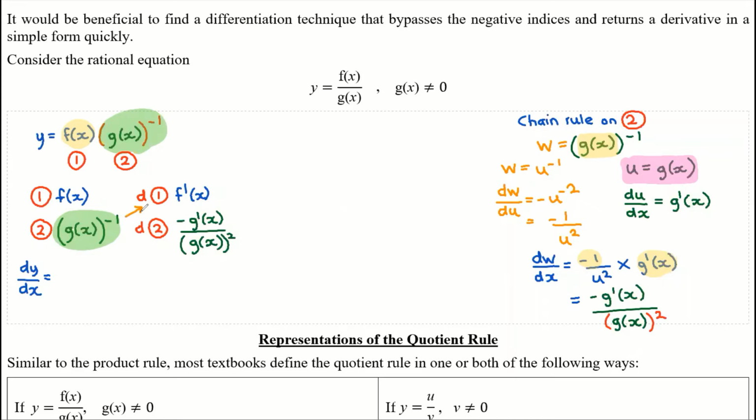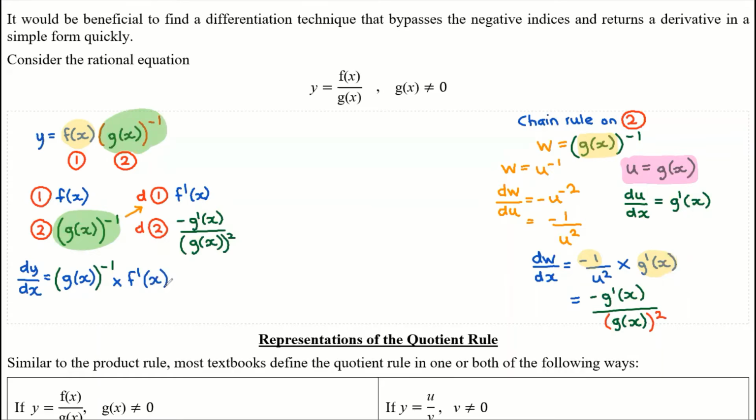So I've actually got g of x to the power -1. So g of x, but that is all raised to the power -1. So I can actually write that as 1 over g of x. I'll do that in a minute. Then I'm multiplying that by f dash x. And then I have to add the product of the other two.